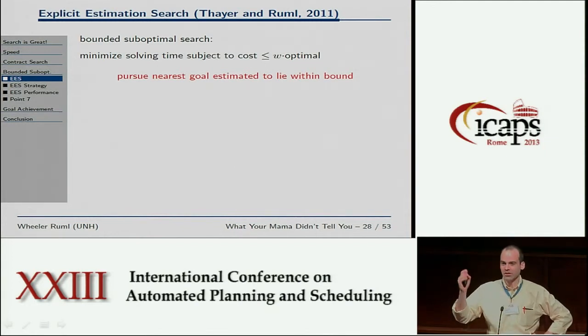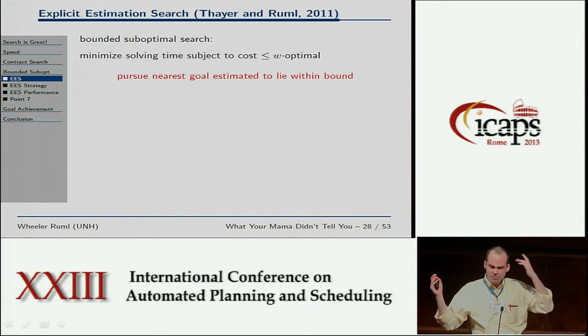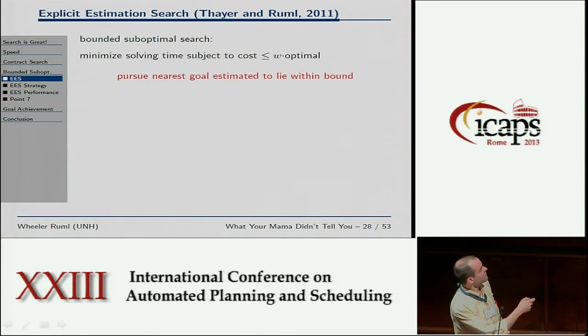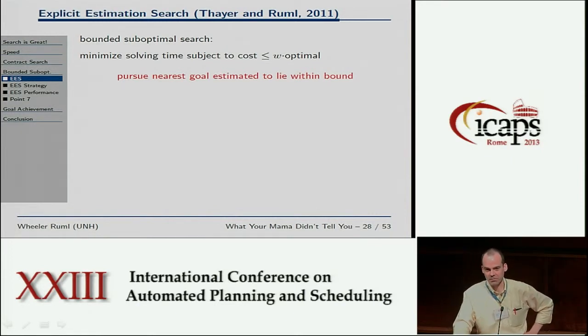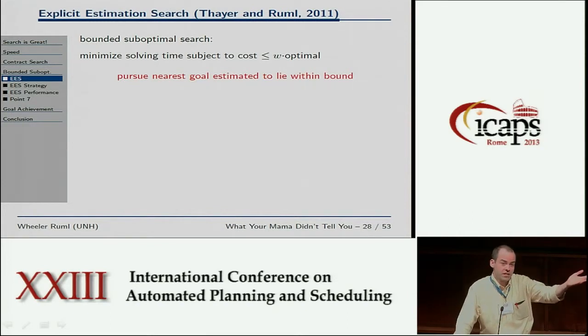I'll talk about the explicit estimation search algorithm, EES, which is, again, very simple, like the first thing you might think of. We're going to try and expand the node that is the nearest goal that has a solution that is going to satisfy our quality bound. The nearest goal, because we've seen that that's the fastest thing to do, right? So we're going to go to the nearest goal that lies within the suboptimality bound.